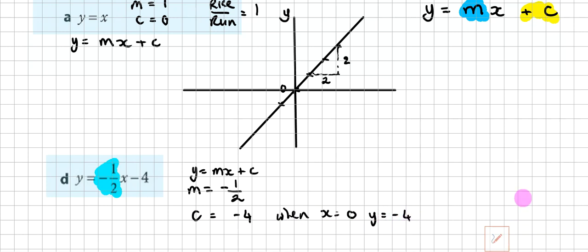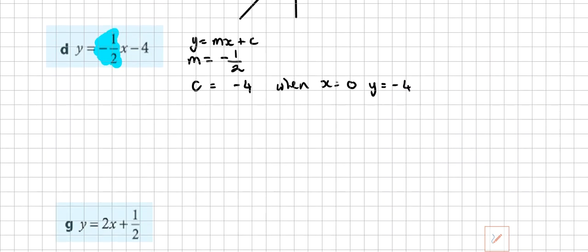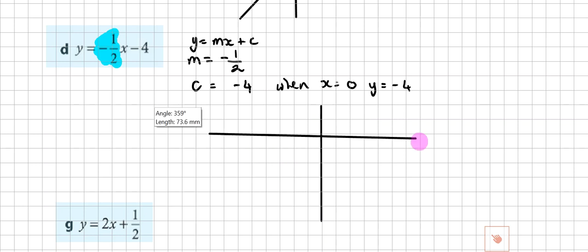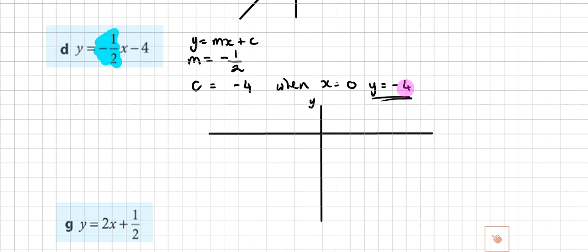So what does that look like if I try and graph it? I'm going to put my line up here, you see. Why? Well, because where does it cross the y-axis? Negative 4.